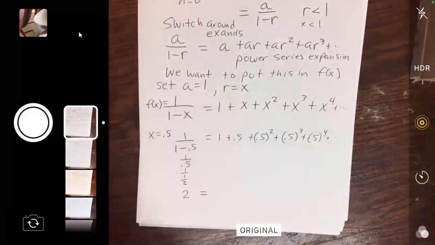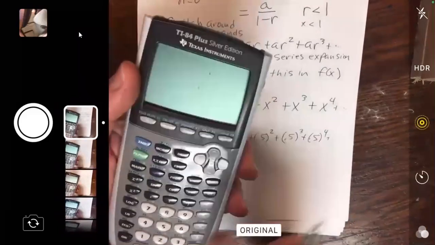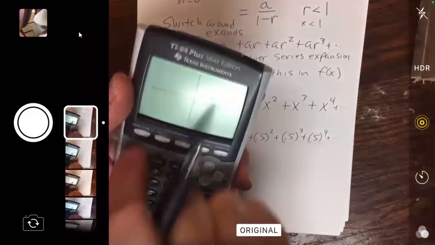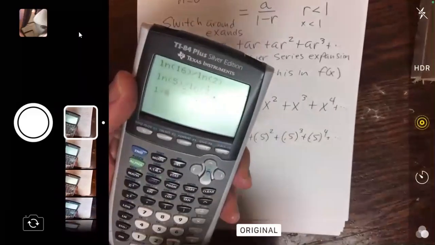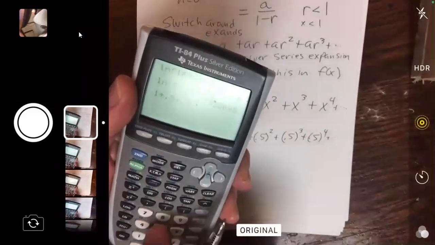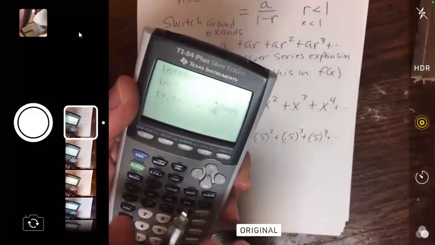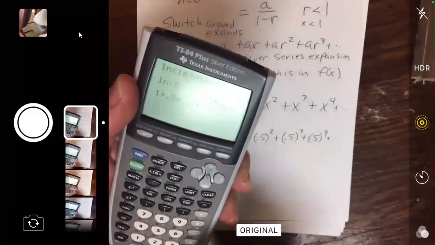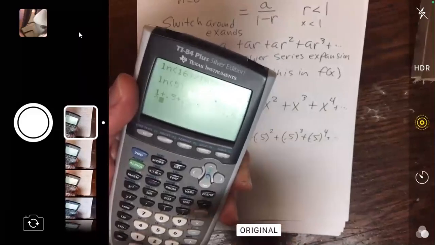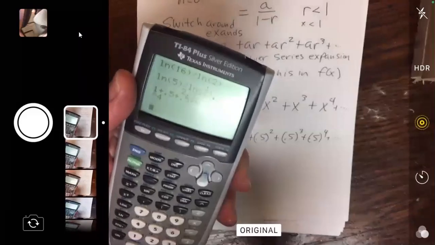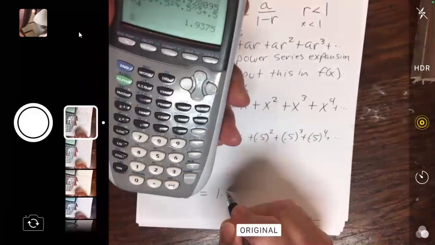Let's punch the other side. Plus 0.5 squared plus 0.5 to the third plus 0.5 to the fourth. Well, we're up to 1.9375.